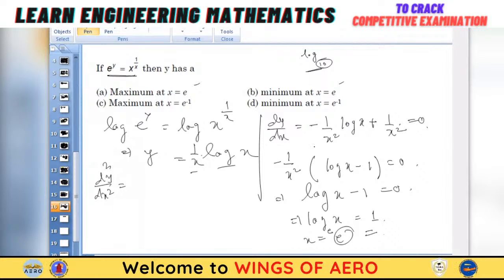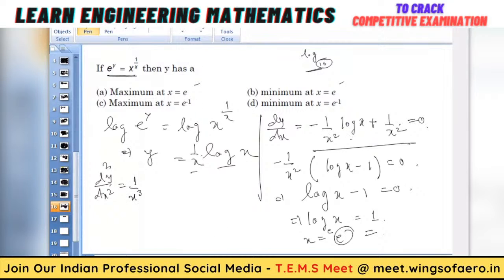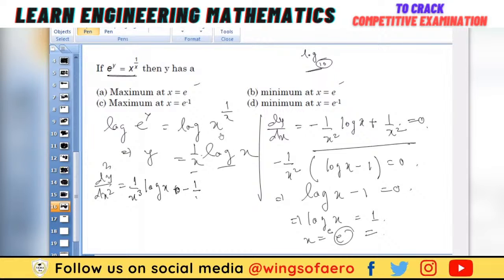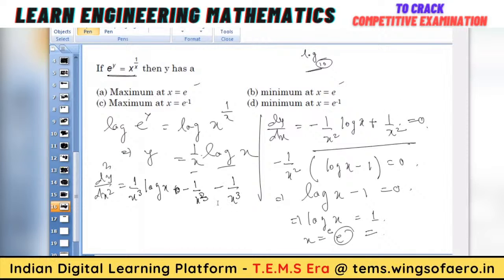Now d2y by dx2. It becomes plus 1 by x cube, and log x, plus minus 1 by x square into the derivative of log x, which again becomes 1 by x cube. And it becomes 1 by x square minus 1 by x cube.